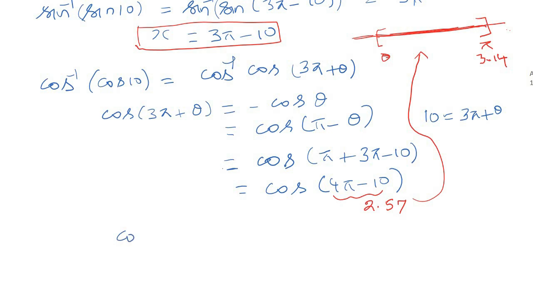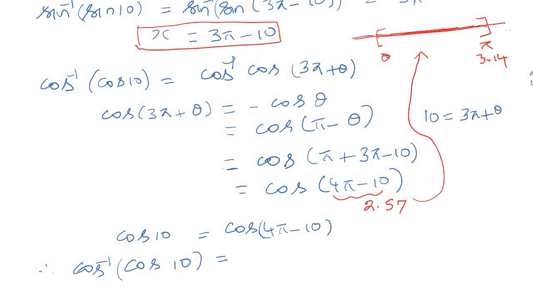Therefore, we have cos 10 is equal to cos of 4 pi minus 10. Therefore, cos inverse of cos 10 is equal to cos inverse of cos of 4 pi minus 10. So this is simply 4 pi minus 10.